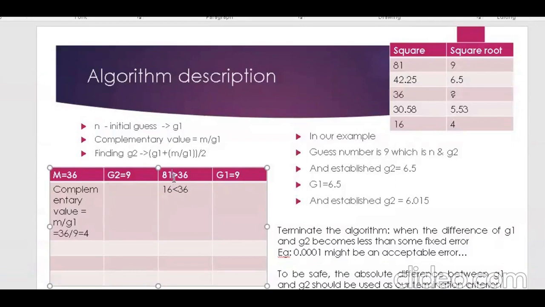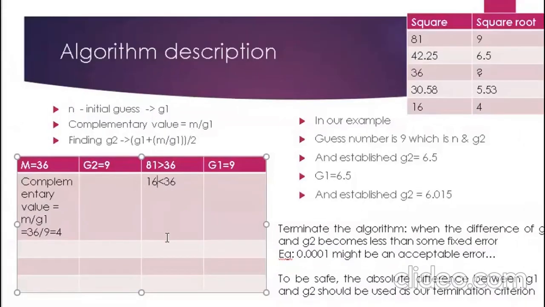So now you got 81 and 16. You got to know that 36 is in between these two ranges. So what we will do? We have to find the average. That is your G2. So G2 has an equation. The equation is G1 plus the complementary value divided by 2, which is equal to, so in your textbook, complementary value is elaborated as M divided by G1.